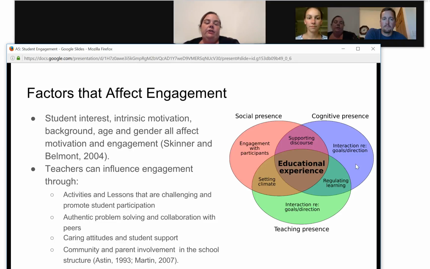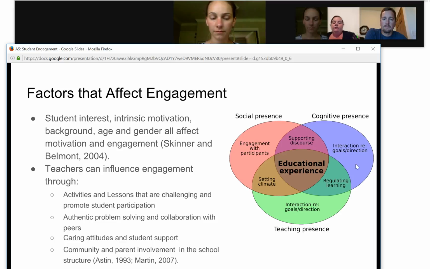Next. So a few factors that affect engagement. Some of the intrinsic motivation factors include student interest, educational goals, their background, age, and gender. Mostly what we're looking at is things that the teacher can influence.